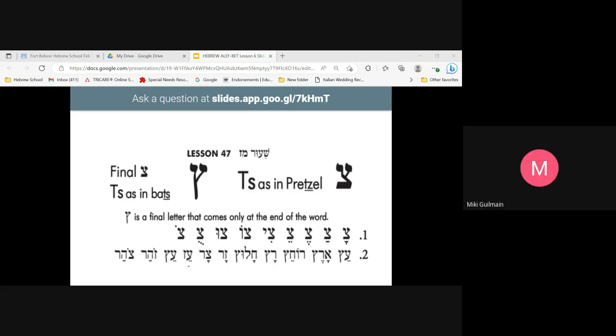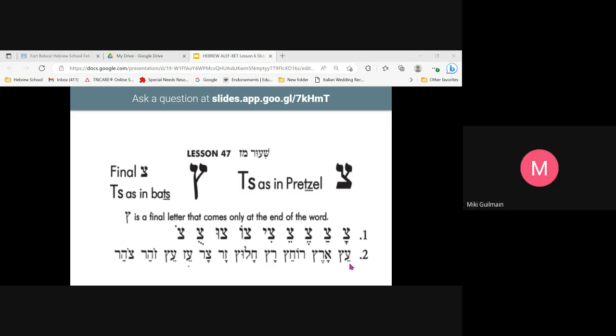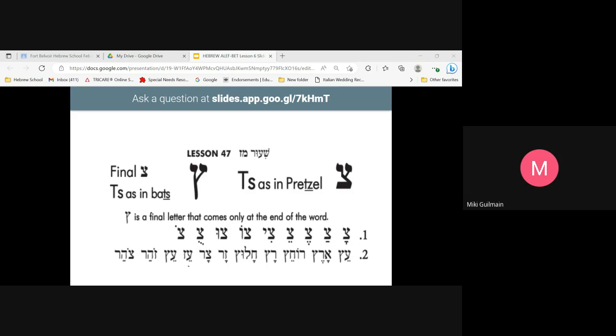So we have an ayin with an A, and what do we have for the sadi? Oh, that's a final sadi. Yes, exactly. It's a final sadi. So it's an "eits," right?